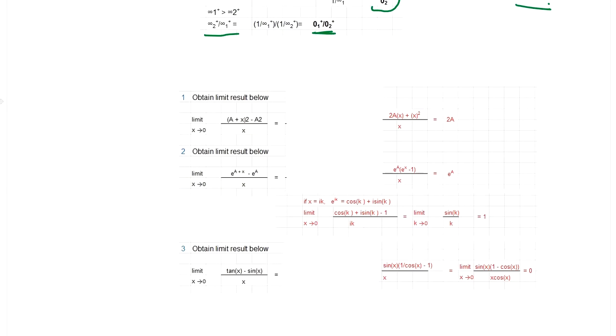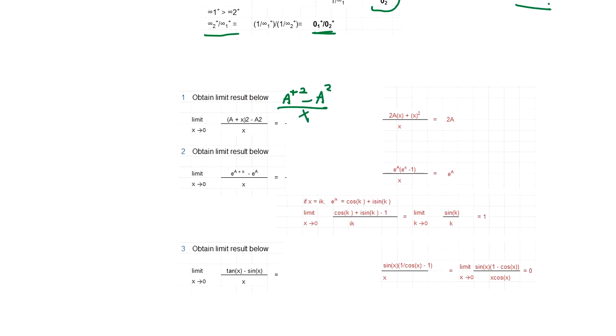Now here's some more limit results. Okay, so when x goes to 0, this goes to 0, so it's a squared over x. This is a 0 divided by 0, right?